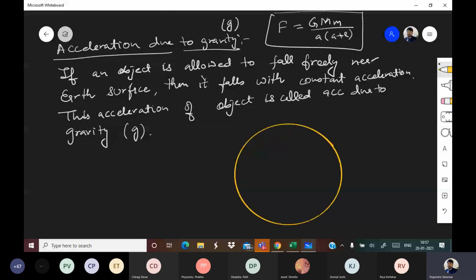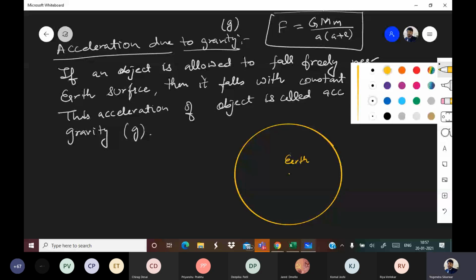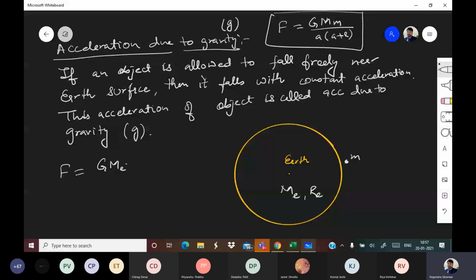So this is, let's say, Earth. This is some mass m very close to Earth's surface. So F will be G M_E m upon R_E square, because M_E is mass of Earth, R_E is radius of Earth, because the object is very close to Earth.